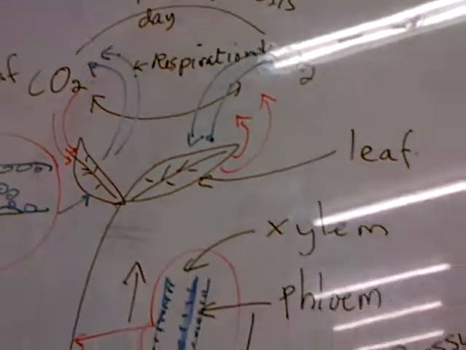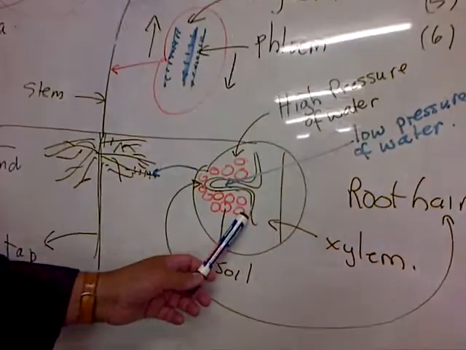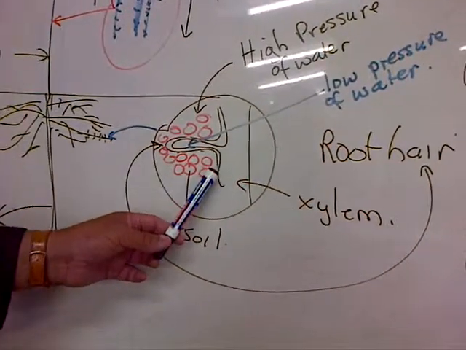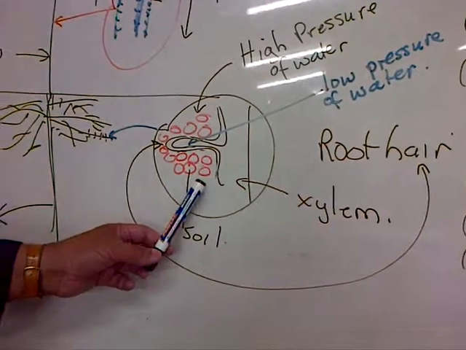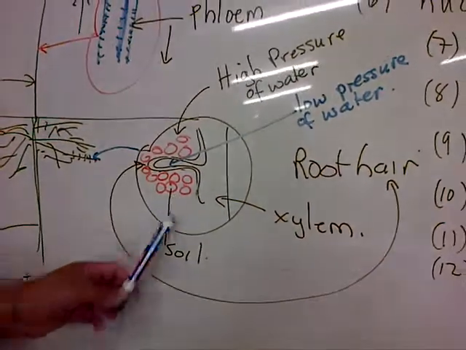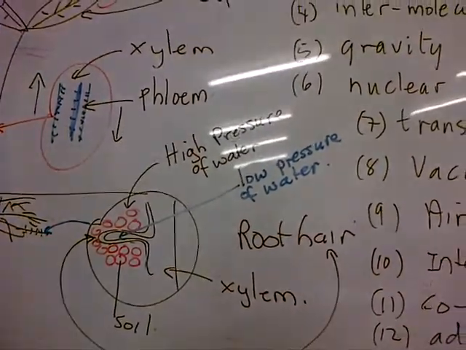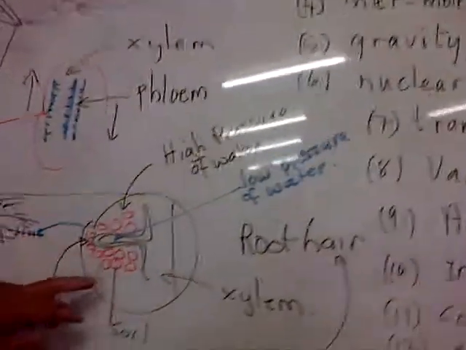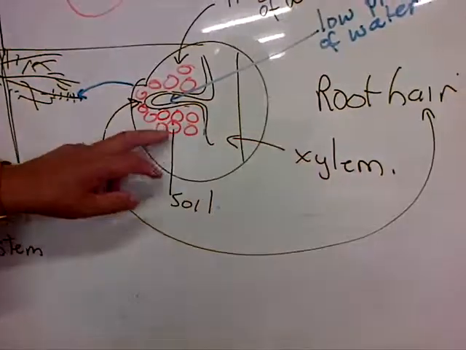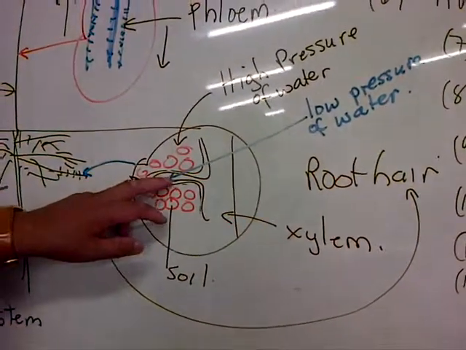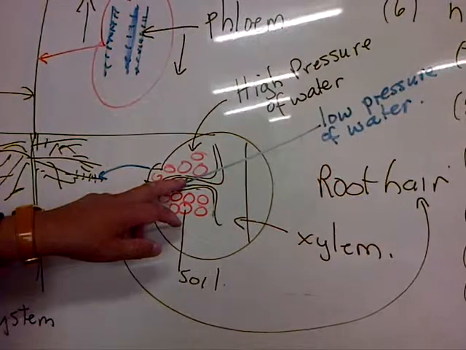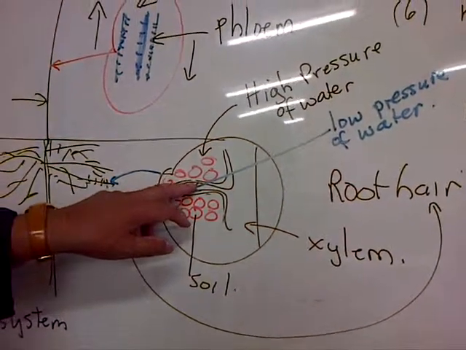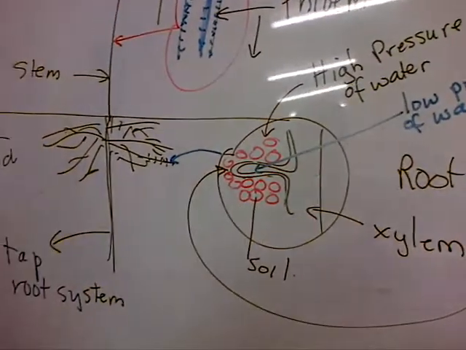So that's the first force, osmosis. And osmosis is the following. It is movement from a high concentration of water that's in the soil to a low concentration of water that's in the root hair.